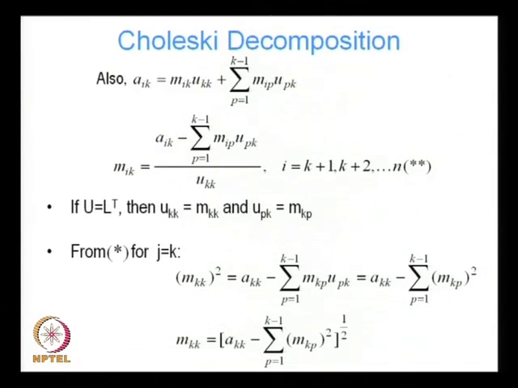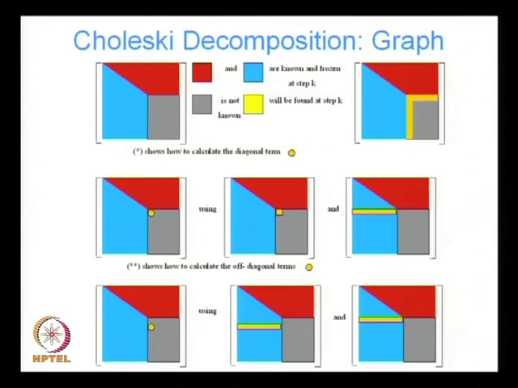What does this tell us? This basically tells us how we can go about our algorithm. It becomes clear if we look at the next slide. This is our Choleski decomposition graph, and this is a particular stage in our Choleski decomposition.